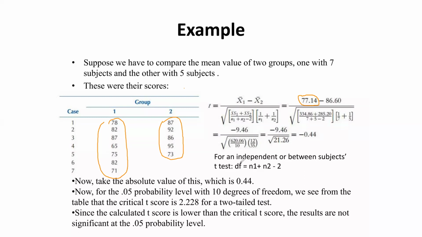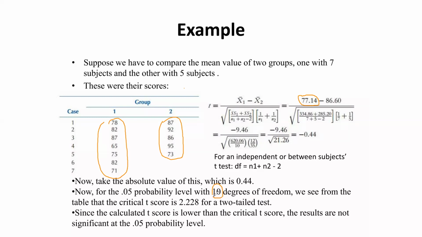Then for the 0.05 probability level, we are going to get the critical t-score. And how did we get the critical t-score? Based on the degrees of freedom, we have 7 plus 5 samples, making 12. So 12 minus 2, then we have 10.